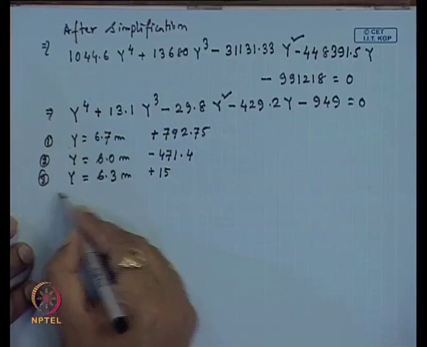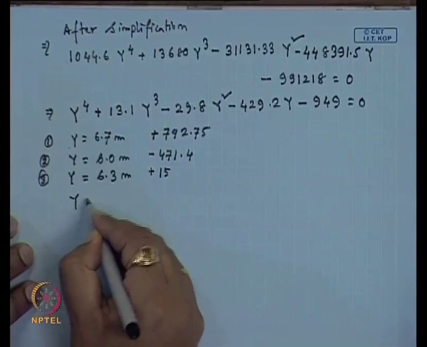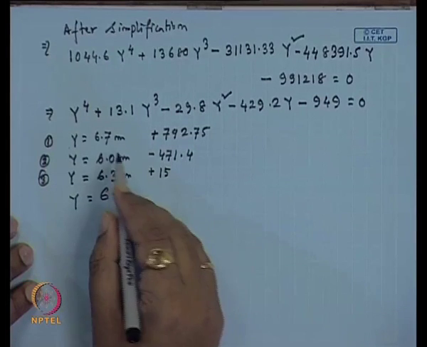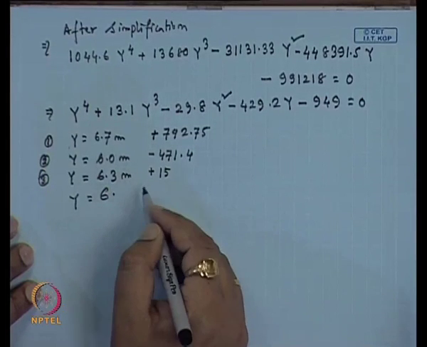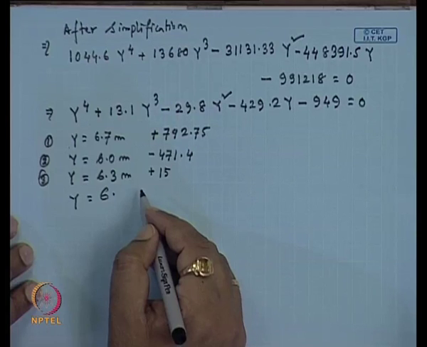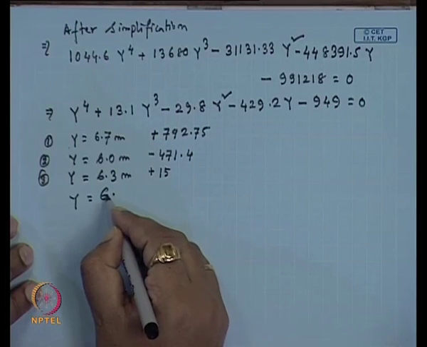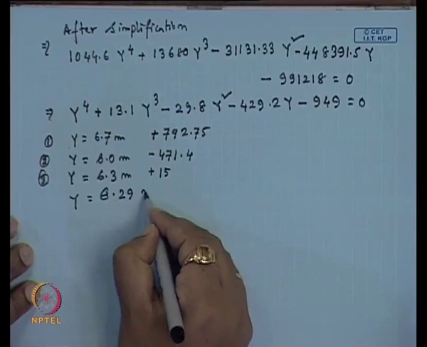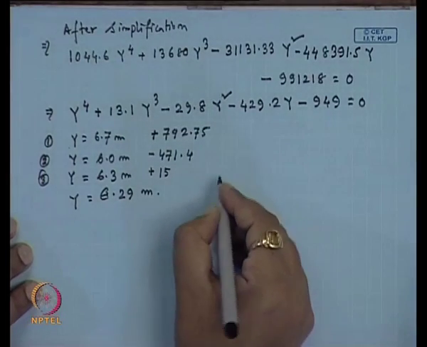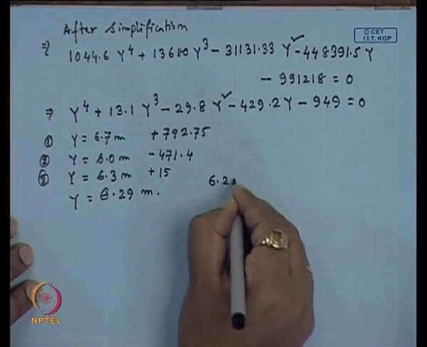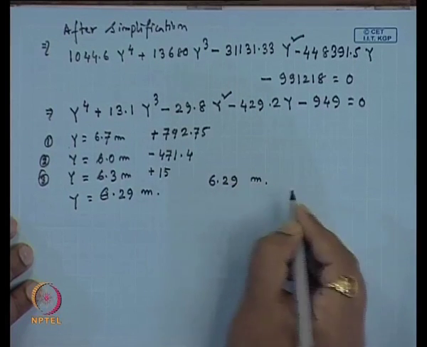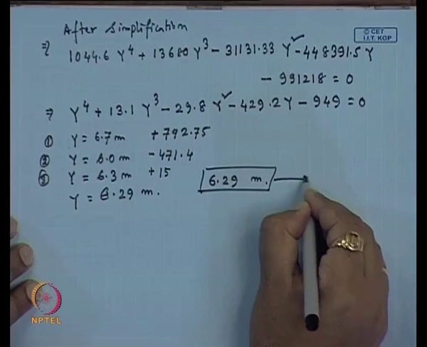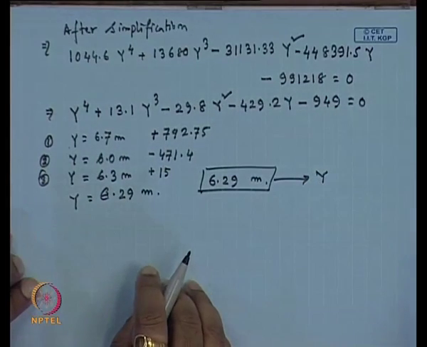We have to further reduce this value, so we consider 6.29 meter. So, 6.29 meter is the value of Y by the trial and error method.